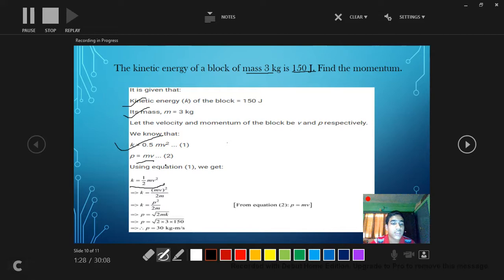These are the two equations. To take out the answer, using equation 1 we put K is equal to half mv square. Let us consider something else. We can write K is equal to, one step I am doing more to make you understand very easily.